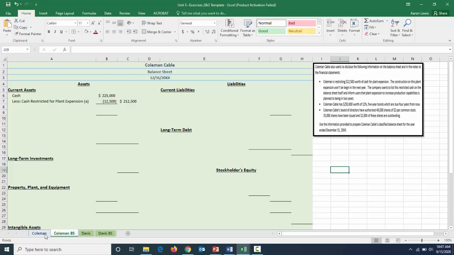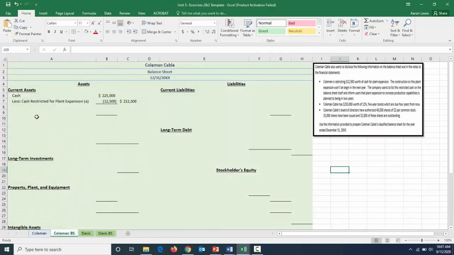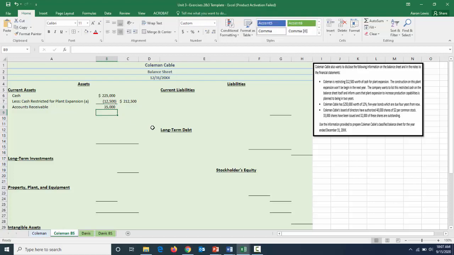The next account that we have on the list over here is our accounts receivable, which has a value of $35,000. Well, let's go and let's throw that into our classified balance sheet. We have accounts receivable, and accounts receivable has a balance of $35,000, and that is our gross receivables.